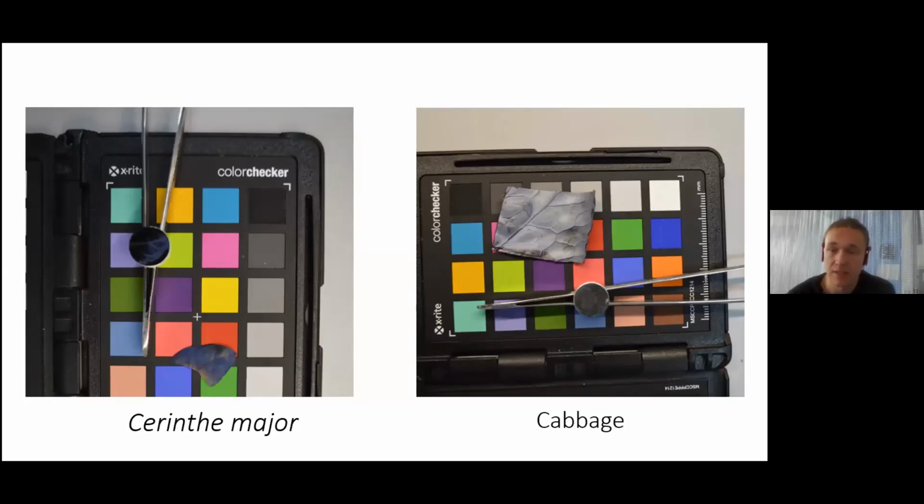And often that has to do with thick layers of wax crystals which are being used for either UV screening or superhydrophobicity. But in those cases, the waxes make the surface rather white or grey. As you see on the cabbage leaf on the right-hand side, I've pressed an SEM stub onto it, and you can see that it just makes it grey. Whereas in the case of Cerinthe major, it makes it look very blue to the eye, at least.